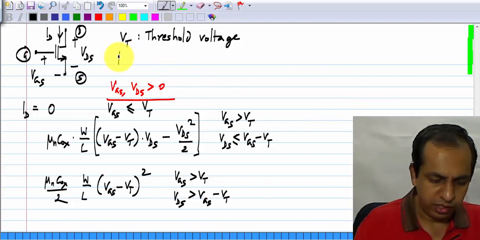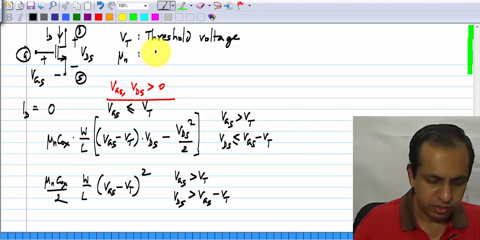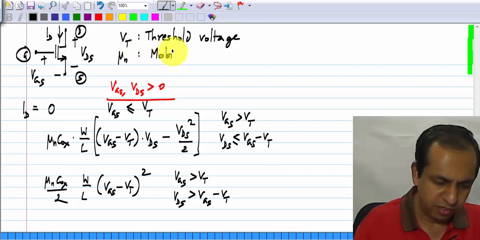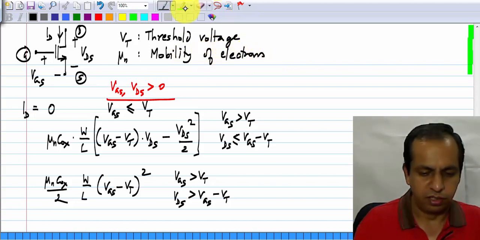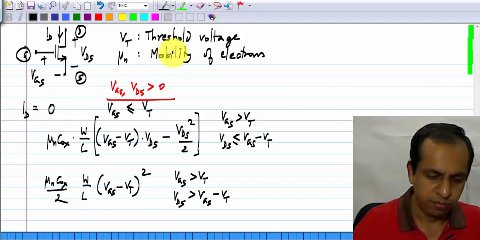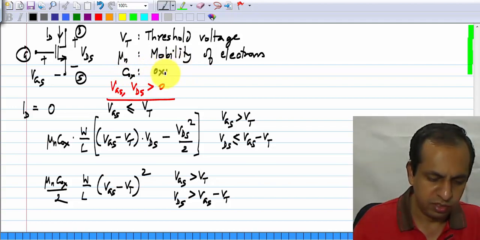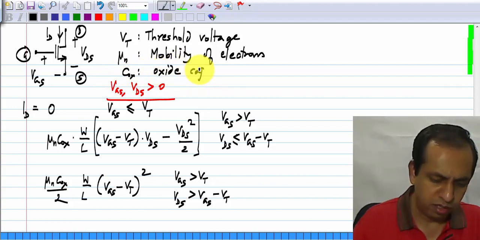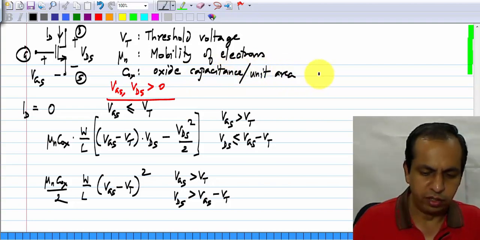And there is this constant mu n, which is the mobility of electrons, which are charge carriers in this particular type of MOS transistor, and there is Cox, which is some oxide capacitance per unit area.